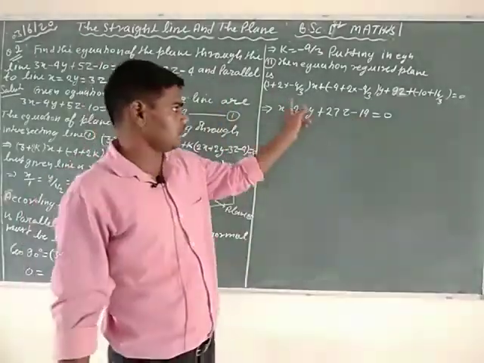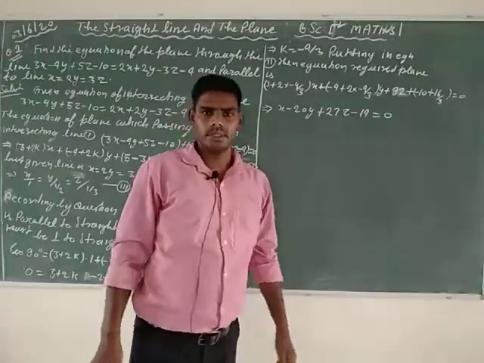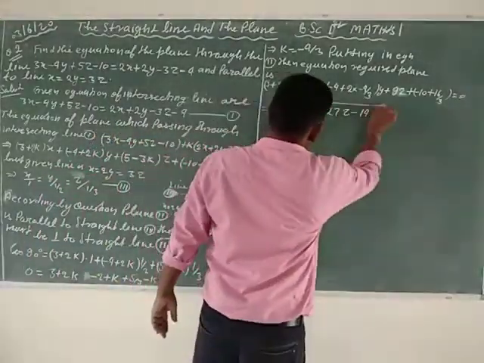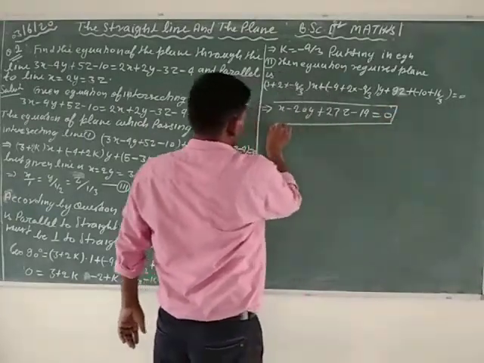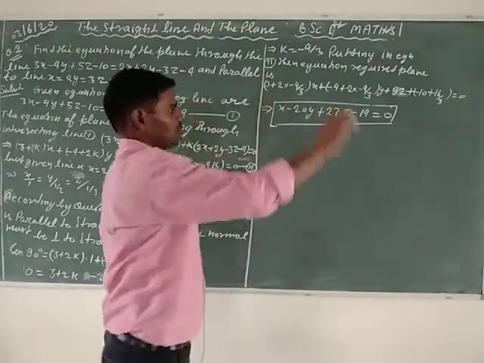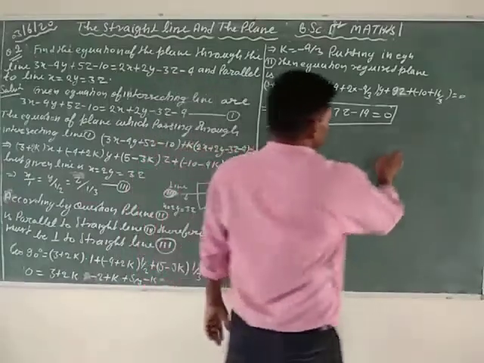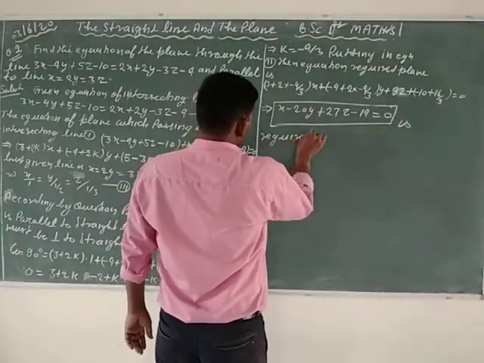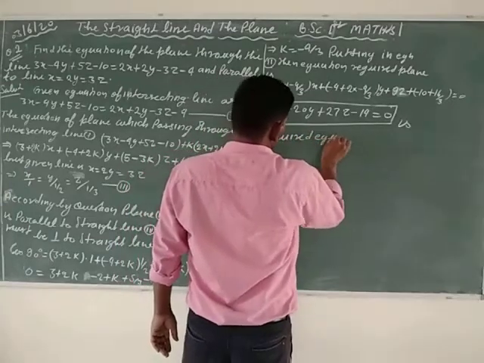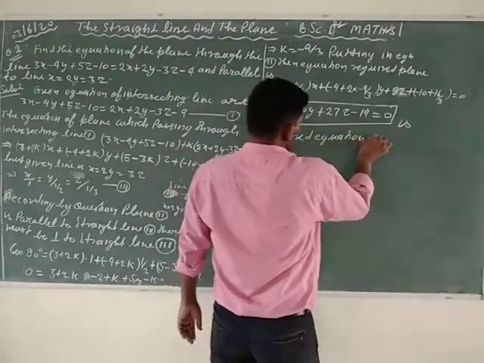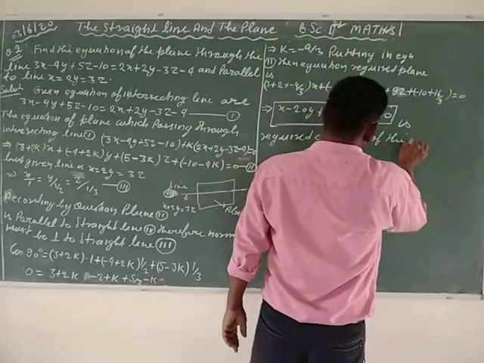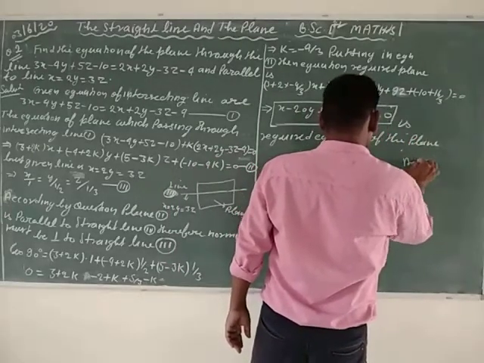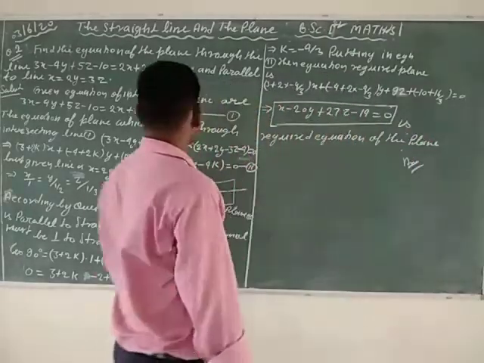After taking the LCM and multiplying, this is the last equation of this calculation, which is the required equation of the plane. This is the complete solution and the answer of question second.